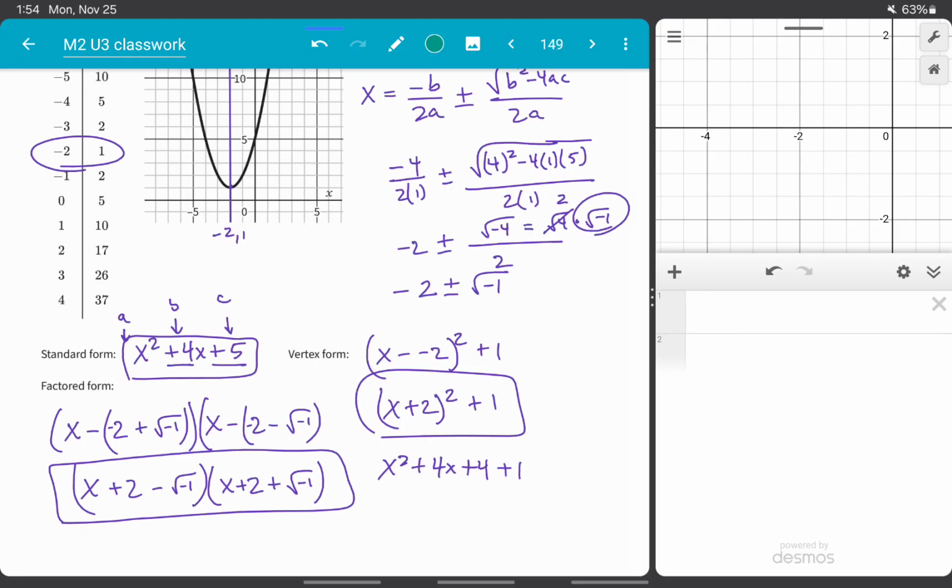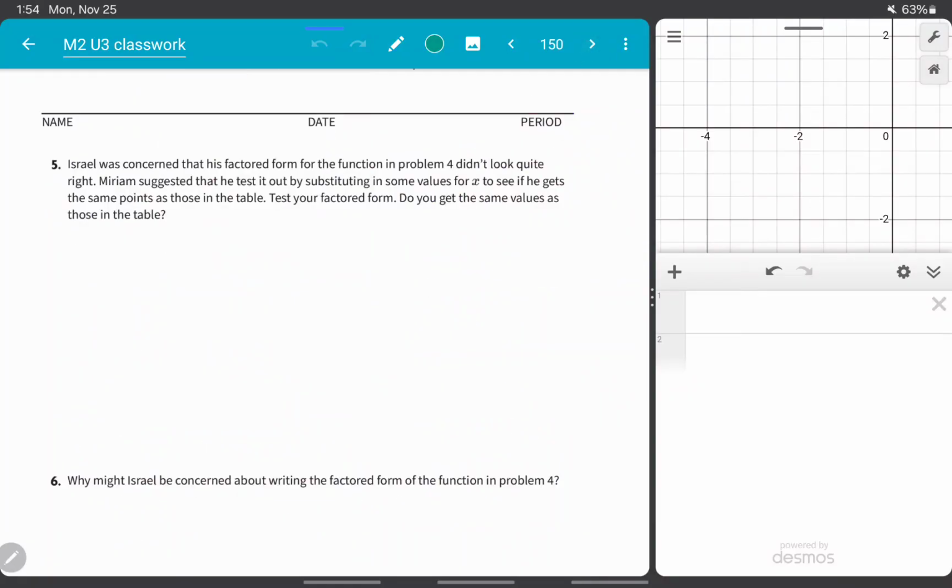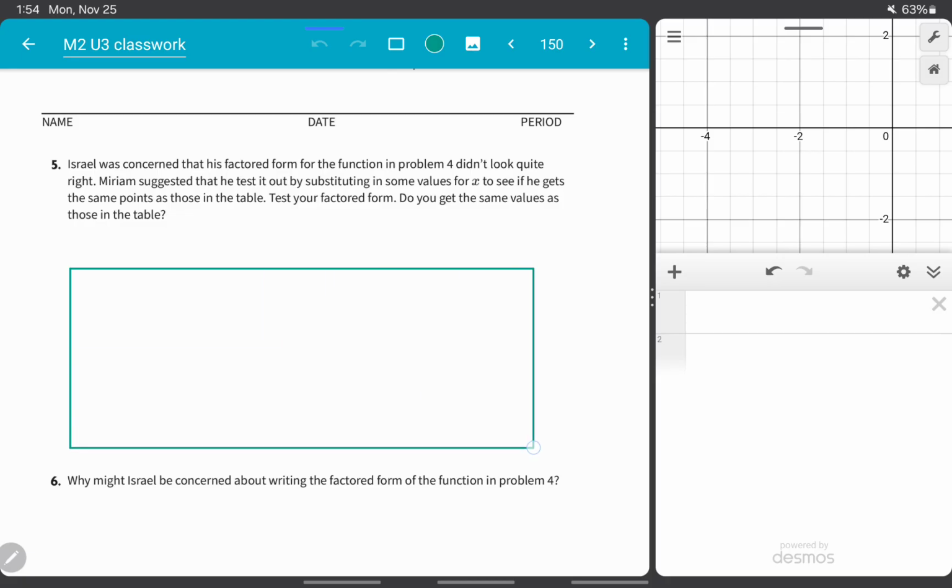All right. Well, our table over here has these numbers, -5 to 4, and values range from 10 to 37. So let's probably just pick -2 to +2, that should be fine. Just make a little table here. Let's put some rows in it.